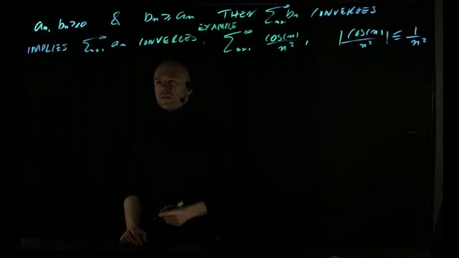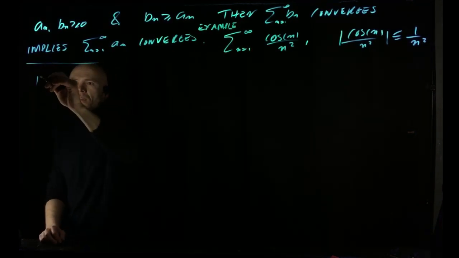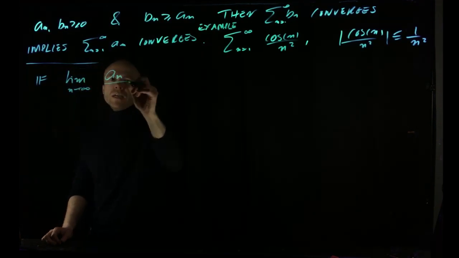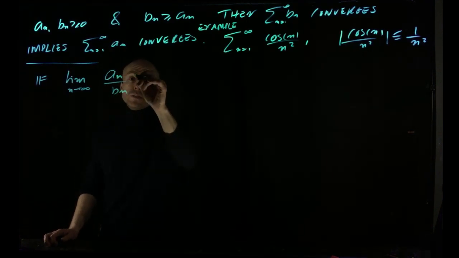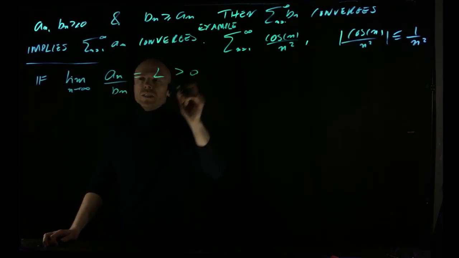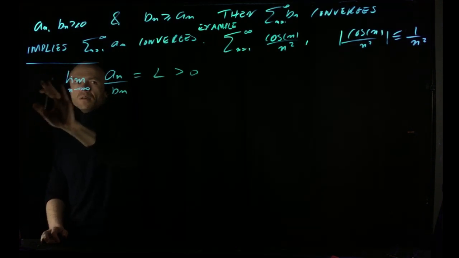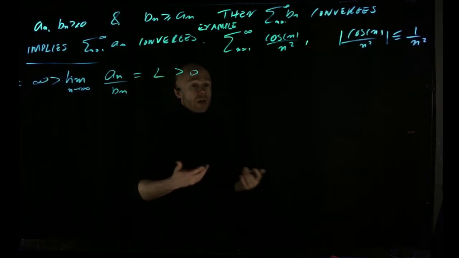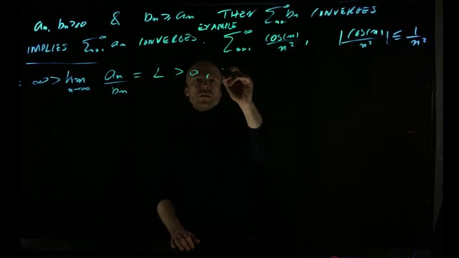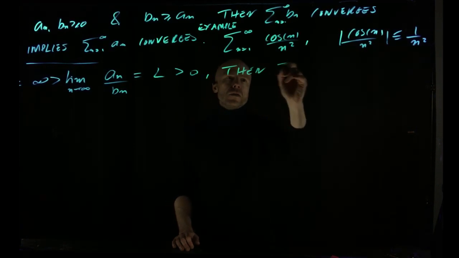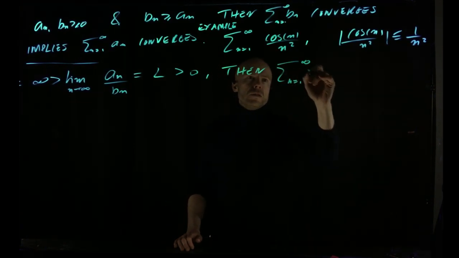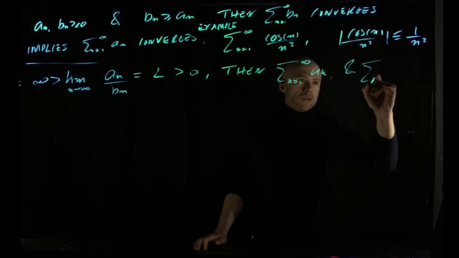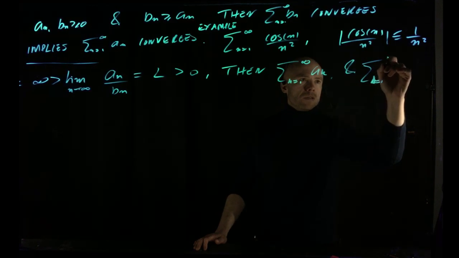And there's also the limit comparison test, which is if we have that the limit as n goes to infinity of a_n over b_n is some particular number L, which is bigger than 0, but is also less than infinity, then I like to say that these series are married. This is not standard terminology, but it's very vivid because once that is true, you're locked in together.